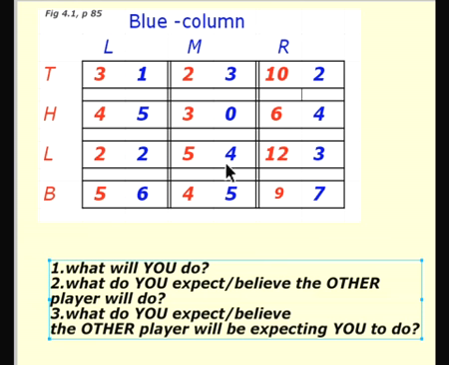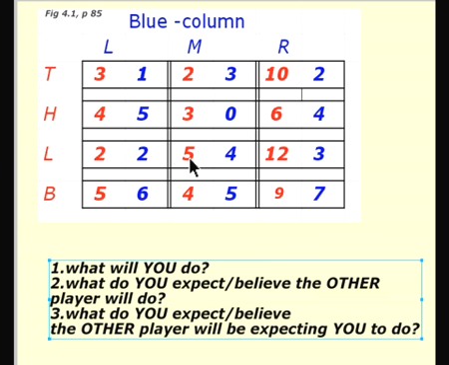You'd go M. Now if they go M, their best shot is to go L. And if they go L, your best shot is M. And if you go M, their best shot is L. And so to settle down, what are you going to choose? And what do you think they're going to do?